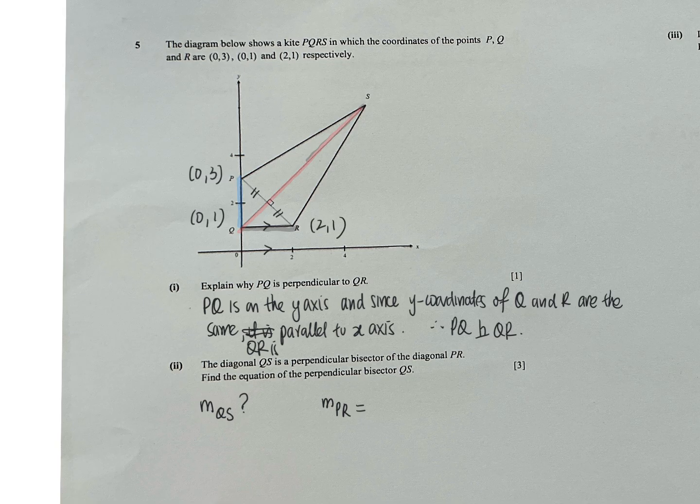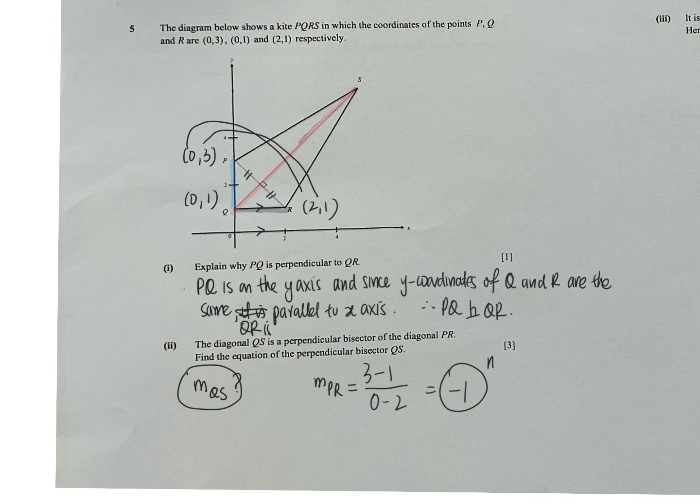So PR is 3 minus 1 over 0 minus 2. So you get negative 1 as the gradient of the line PR. So QS, remember, it is always the negative reciprocal of this value. What does negative reciprocal means? Means you reverse the sign here to be positive and then you flip the fraction here. So actually this gives me 1.